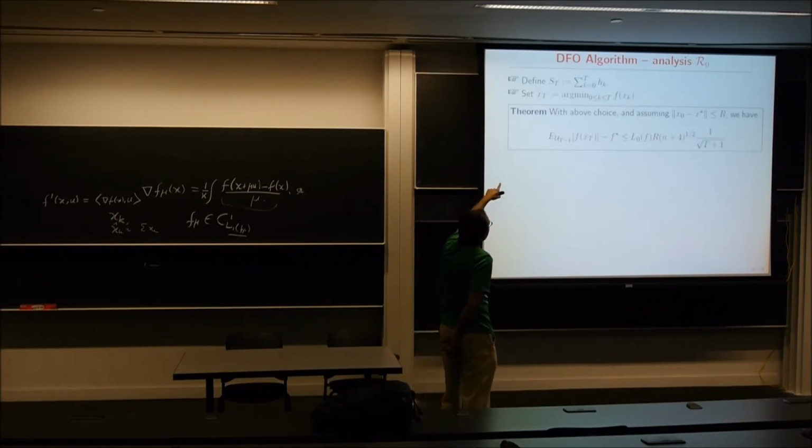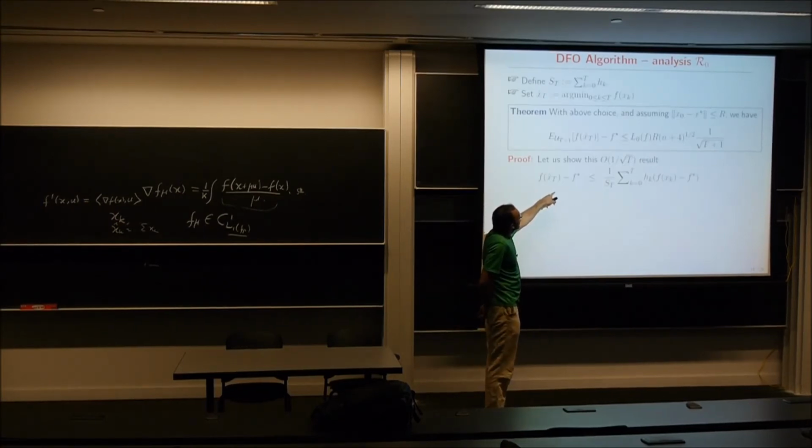If you maintain the best value attained so far after t steps, let's call that x hat of t. What we'll try to show is that the best value in expectation is upper bounded by order 1 by root t. So that's like the non-smooth subgradient method proof. Except something really nasty happens here, which I'll comment on.